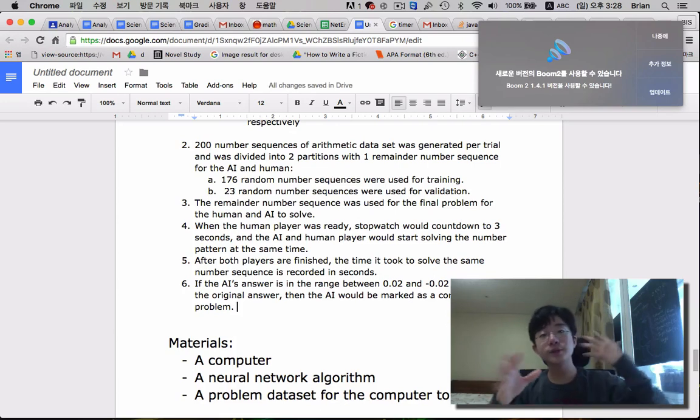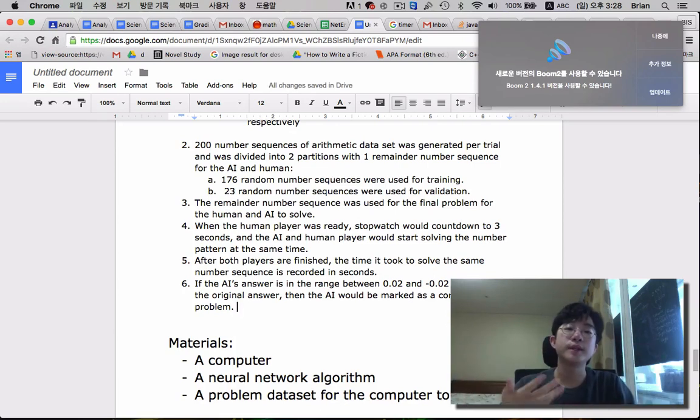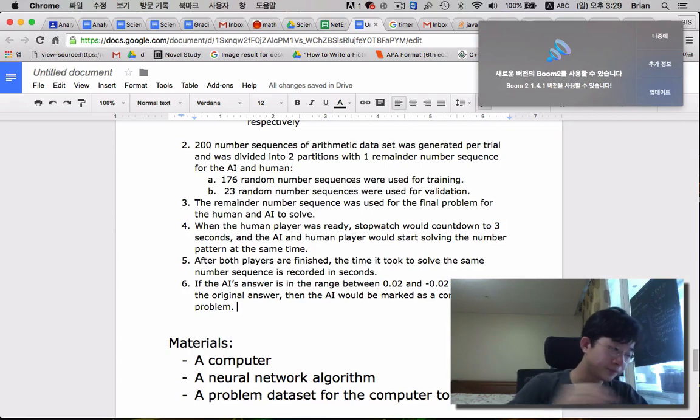So the AI is not going to be exact. It's not going to put an exact number. So what I figured out was, why don't we give a range between 0.02 and negative 0.02 based on the original answer. By the way, 0.02 is not that big. So I think it's going to be good to go.